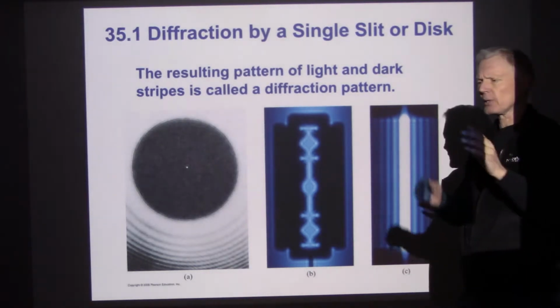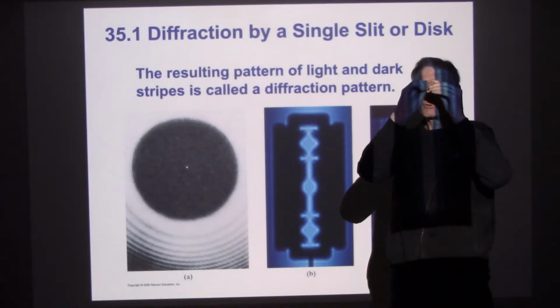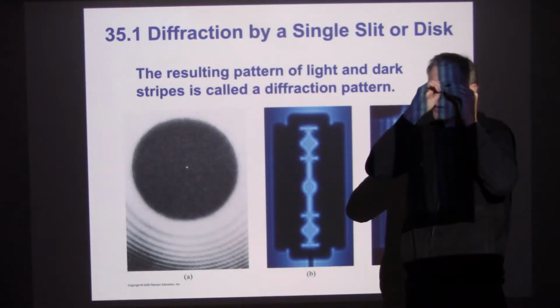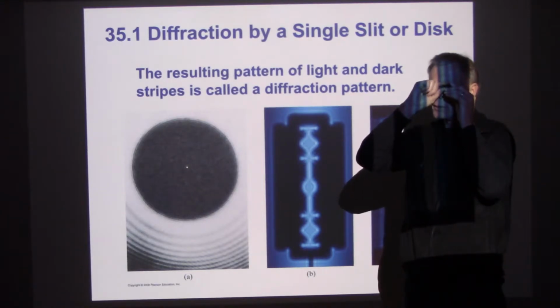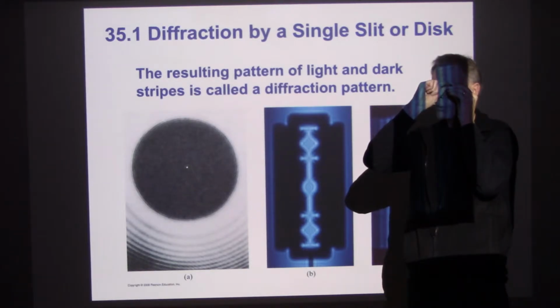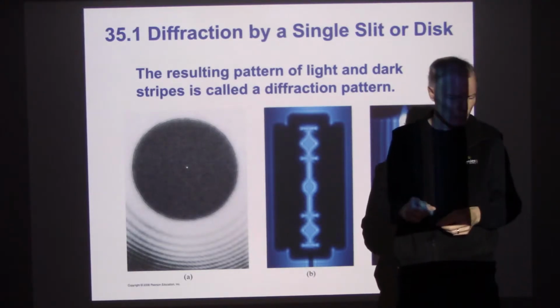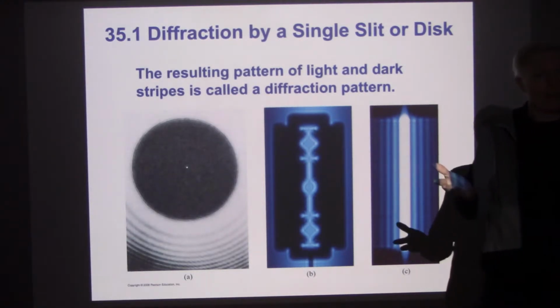Now this is kind of crazy. I don't know if you've ever done this, but if you take your finger and a thumb and you create a narrow path between your finger and thumb, and then you close it down and you look through it, at some point you start to see an interference pattern. So as the width between them gets really narrow, try that sometime.